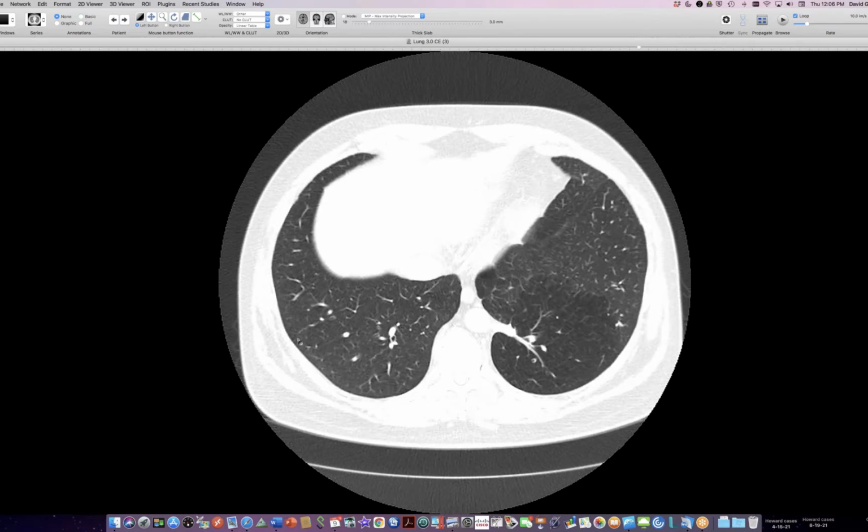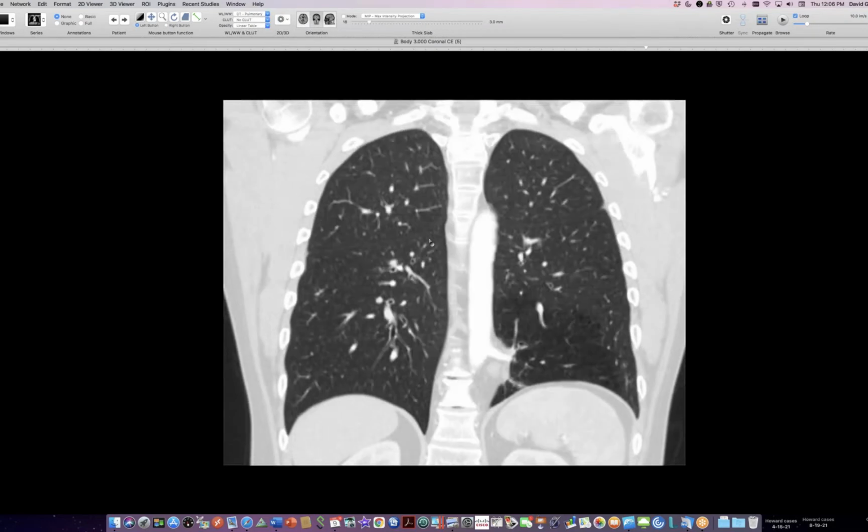So an incidental finding of sequestration here, and on coronal, you can nicely see the vessel going into this big lucent region in that lung base. So, David, I would call this a hybrid lesion because I think you have a convincing bronchial atresia in it, which makes sense with a sequestration. And I suspect there's probably CPAM elements.